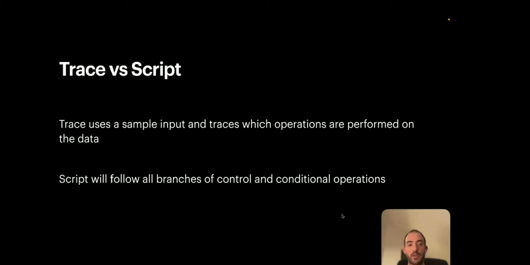Not sure why that's relevant, but Apple's recommendation is to trace as much of the model as you can and script only the parts that you have to. So you can combine the two too if you really need to. The reason is that trace is going to create a much simpler, more efficient model overall than script will. Script might be a little bit more convoluted and add extra layers where they may not be necessary.